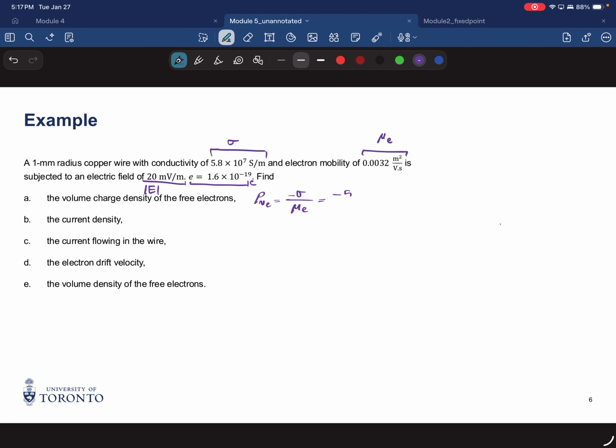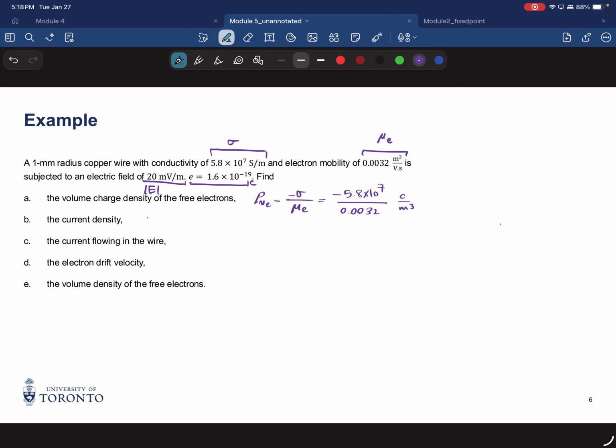So minus 5.8 times 10 to the power of 7 over 0.0032. And this is going to be coulomb per meter cubed. You can later simplify this number. And it should be negative because it is the charge density of electrons.